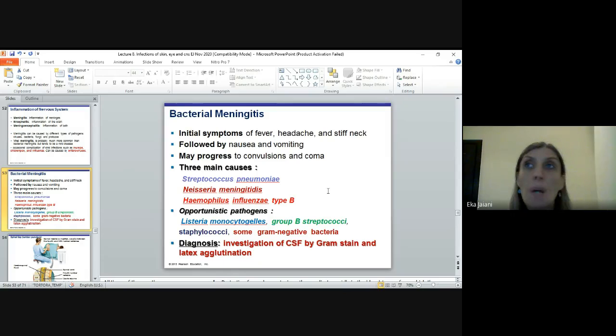I have my personal experience from my mother. She developed meningitis around 15 years ago, and the cause was Streptococcus pneumoniae. So you see, different bacteria can cause it: Neisseria meningitidis, Haemophilus influenzae, Streptococcus pneumoniae, which can also cause pneumonia and otitis media, and my mother had all these three.